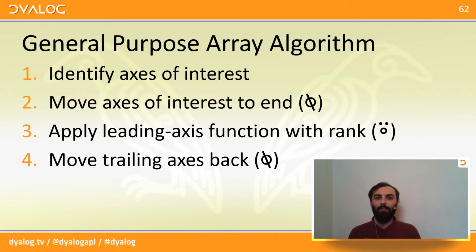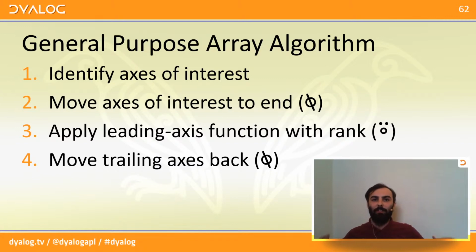Apart from being an interesting exploration comparing rank, transpose, and the bracket axis, it's a general purpose algorithm for applying your leading axis function to any subarray. That's fine, but you probably want to be arranging your data in a better way in the first place.